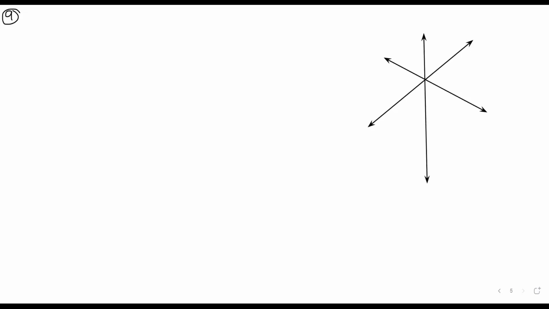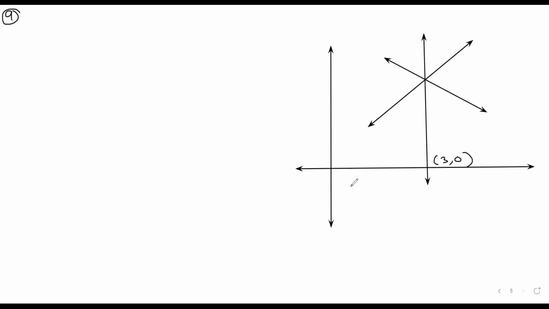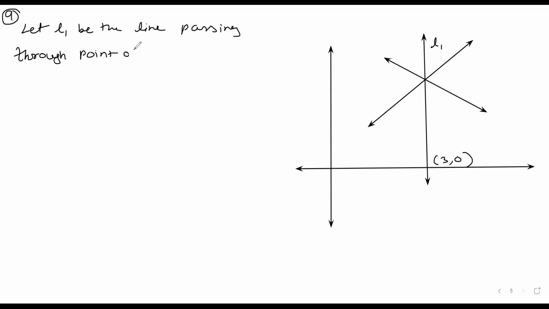We want this. Suppose these are your coordinate axes. So this point is (3, 0). Let L1 be the line passing through the point of intersection of two lines.